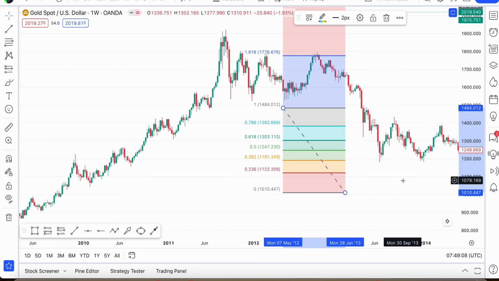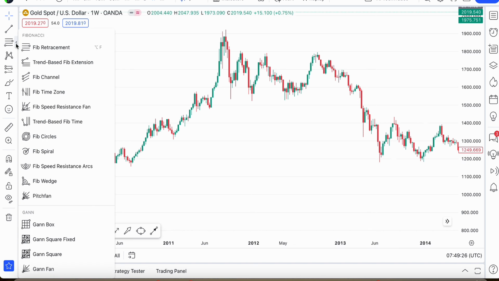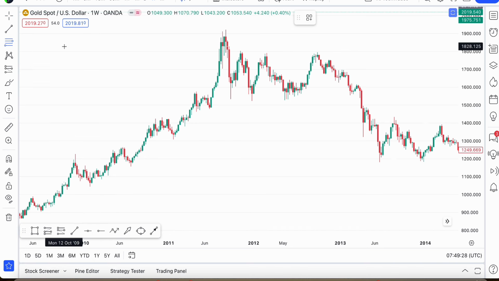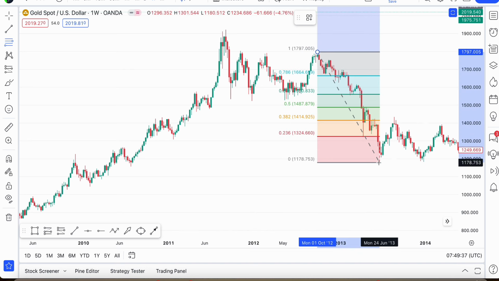Now, to place this tool, let me delete this and go back to pick it and place it here and here. As I said, I'm going to consider the weeks because I'm in a higher time frame. Fibonacci retracement. Then here, this is the coordinate of the highest week. I drag it down to that of the lowest week.